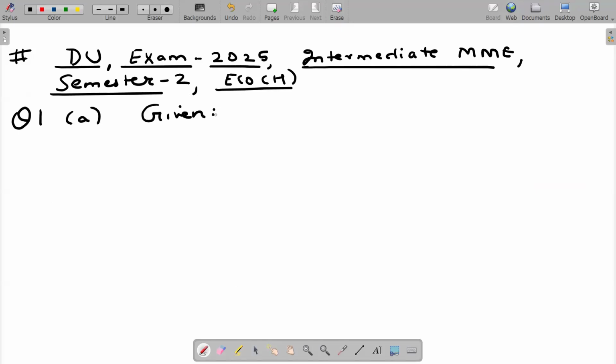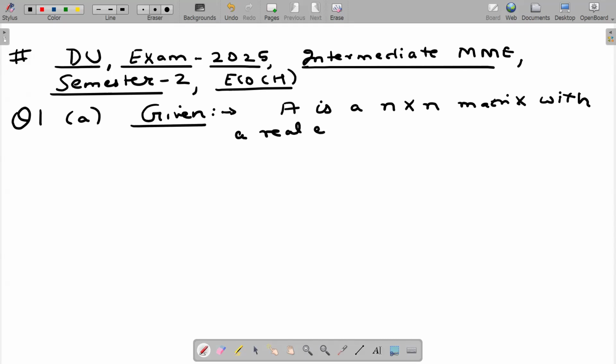We are given that A is an n cross n matrix with a real eigenvalue lambda greater than 0.